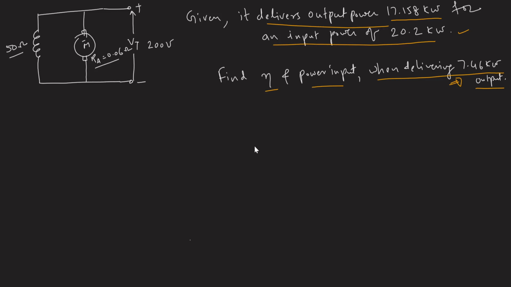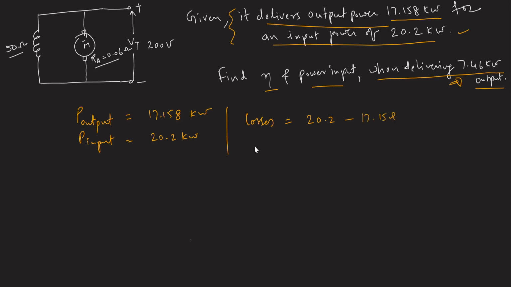So the first objective is to find out the losses from the given first case. So we have P output equals 17.158 kilowatts and P input we have 20.2 kilowatts. So the total losses in the machine is equal to 20.2 minus 17.158.